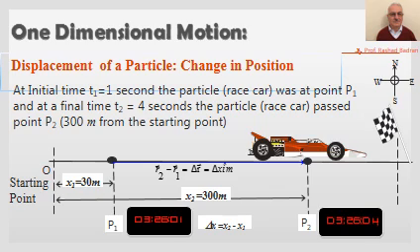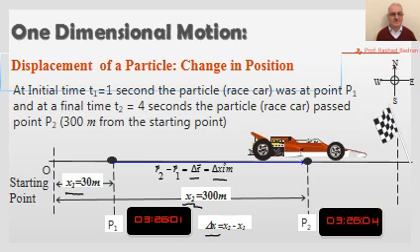As displacement is defined as a change in position, by knowing the final position of the particle P, which has a magnitude of x2 with respect to the origin, and the initial position, which has a magnitude of x1 with respect to the starting point, the difference between x2 and x1 gives us delta x, where delta x represents the magnitude of the change in position, delta r, and i hat refers to the direction towards the x-axis.